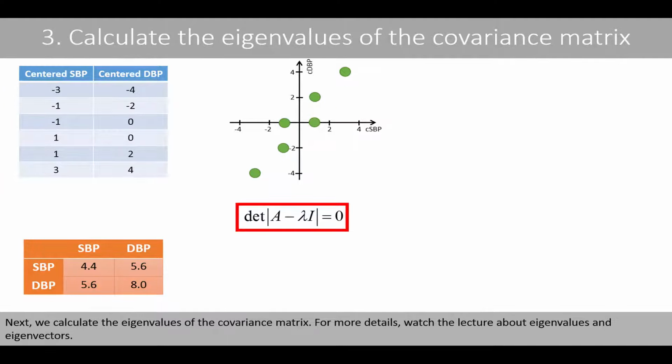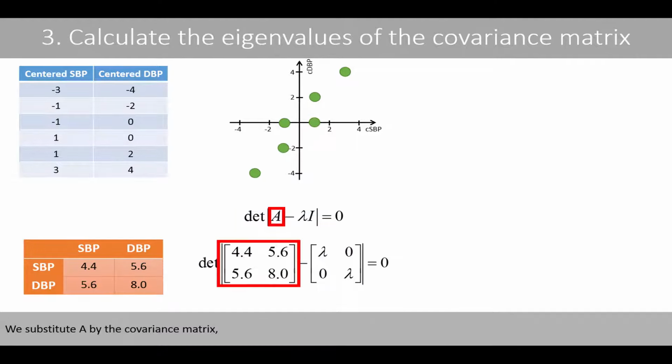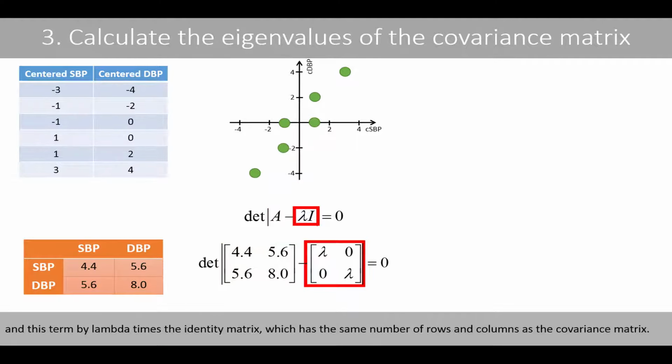Next, we calculate the eigenvalues of the covariance matrix. For more details, watch the lecture about eigenvalues and eigenvectors. We substitute A by the covariance matrix, and this term by lambda times the identity matrix, which has the same number of rows and columns as the covariance matrix.